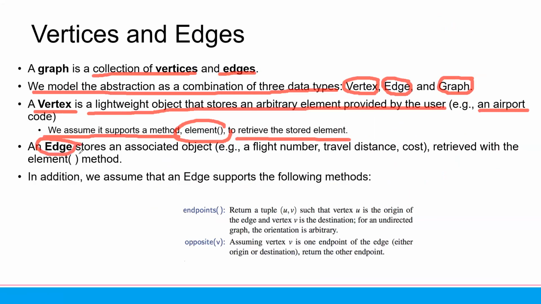An edge stores an associated object, for example, a flight number.